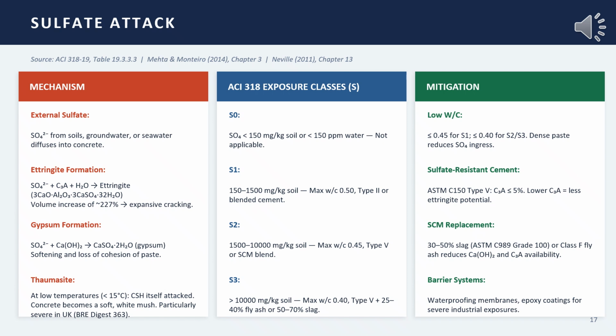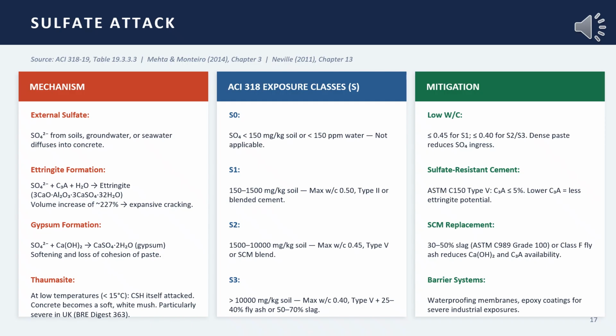And for the rest of the threats on durable concrete, I wanted to go through the contents because your course content basically mentions that we have to cover alkali silica reaction in depth. However, I have covered the freezing and thawing and sulfate attack as well.